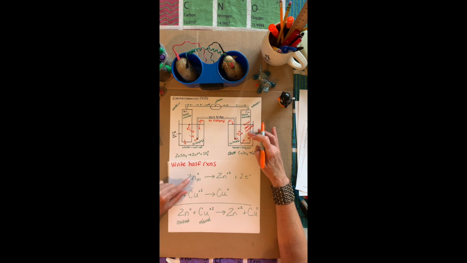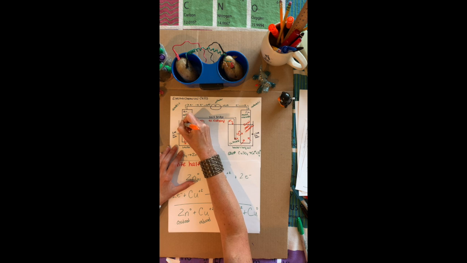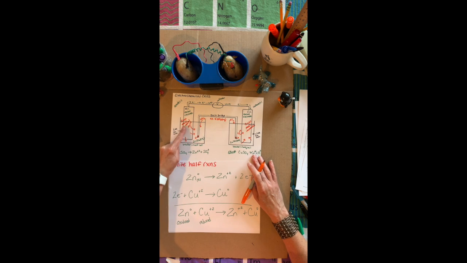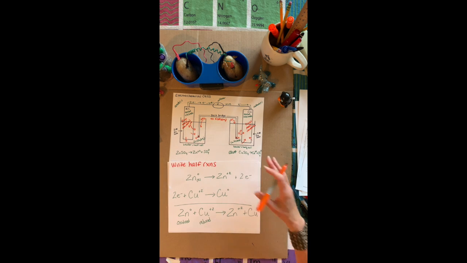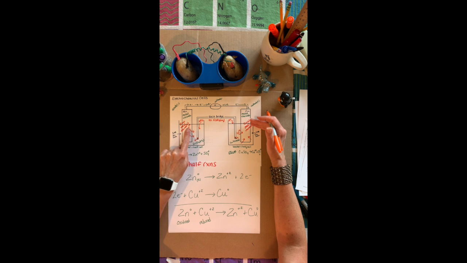On the other hand, this solid zinc mass decreases. It's releasing electrons here, and then the zinc ions go into solution. So just to go back to the salt bridge here, we have extra positive ions going into solution here.